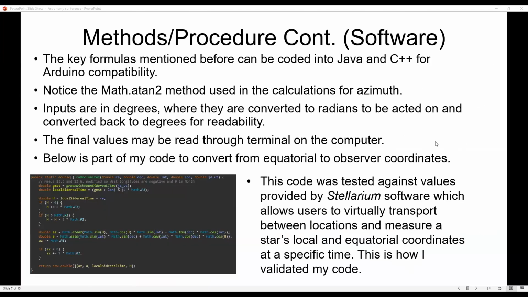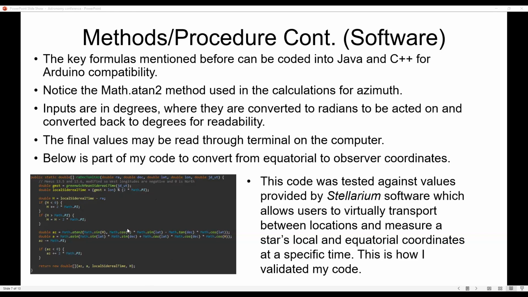Onto the software. I need to code all of these into Arduino, which is a variant of C++, but I'm actually most experienced with Java, so I had to code in Java first. I wanted to test all of my math in Stellarium: pick a star and see its altitude and azimuth, and then see if the right ascension and declination that I get from this function, actually it's the other way around.